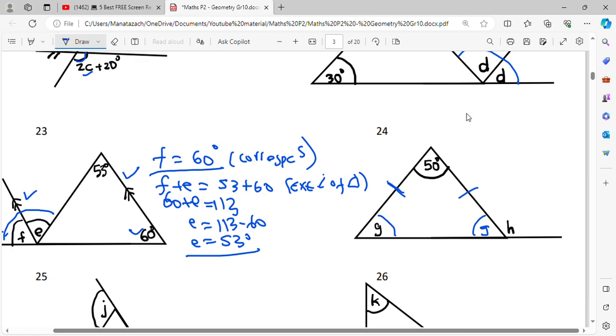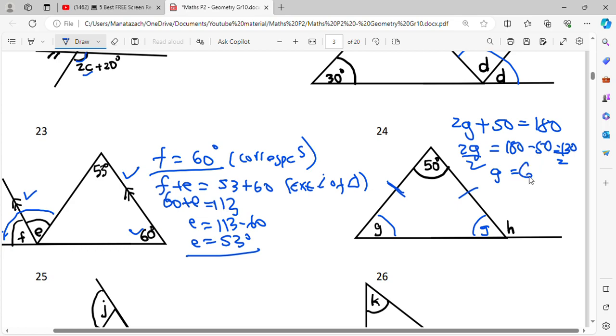So we'll calculate angle G by saying 2G plus 50 is equal to 180. So 2G would be 180 minus 50, which is going to be 130. So divide by 2 both sides, I find that G is 65.